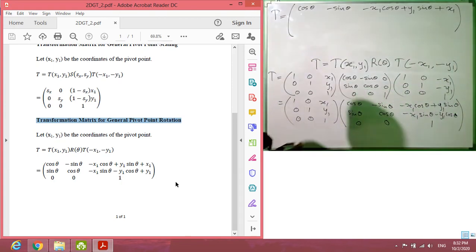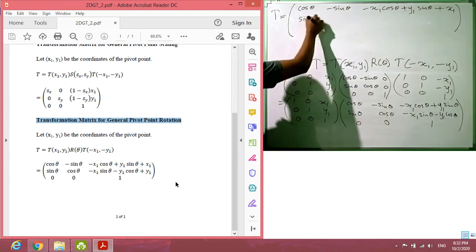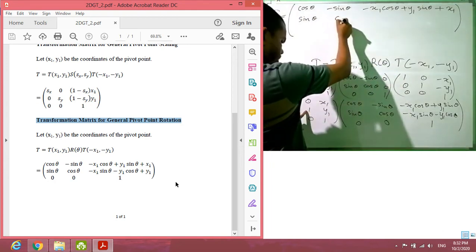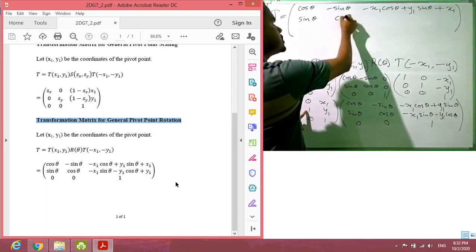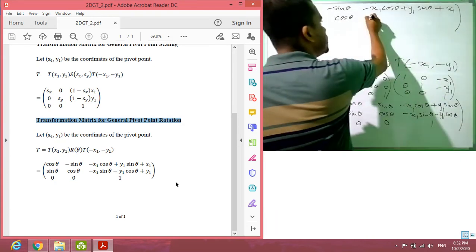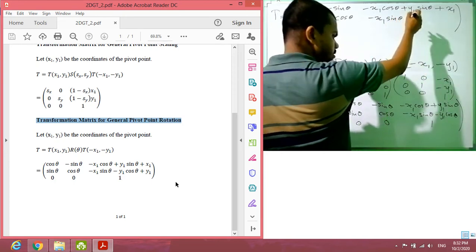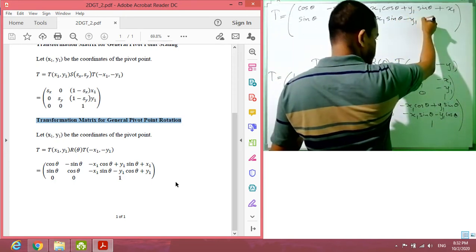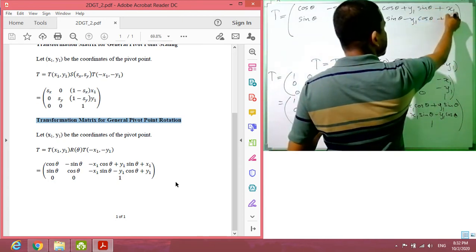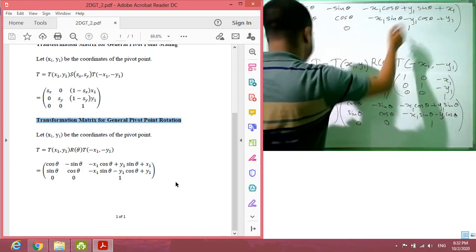Then here 0, here sin theta, 0, here we have cos theta, 0, then minus x1 sin theta minus y1 cos theta plus y1, this one 0 0 1.